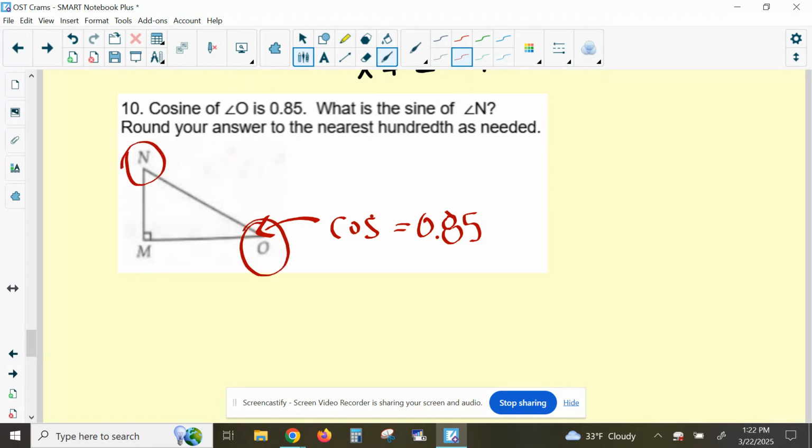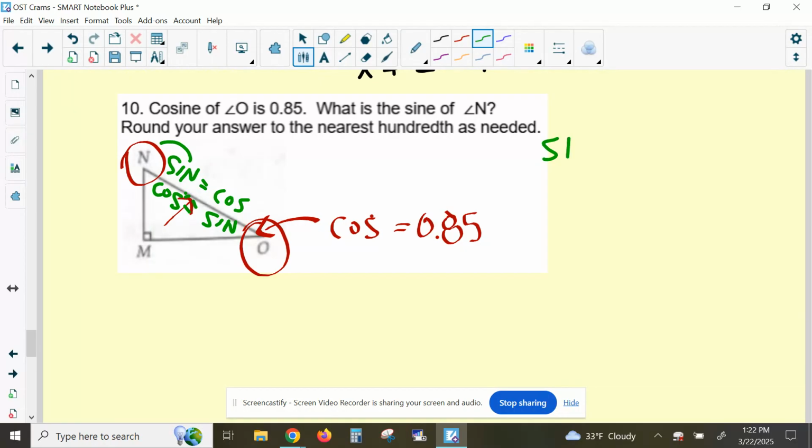Okay, so we have the same thing going on. If I look at my hypotenuse and write those words, this is easy peasy lemon squeezy. Let's write those words on here. So this is sine equals cosine, or cosine equals sine.